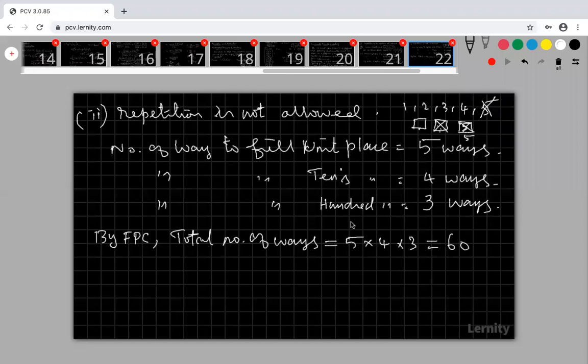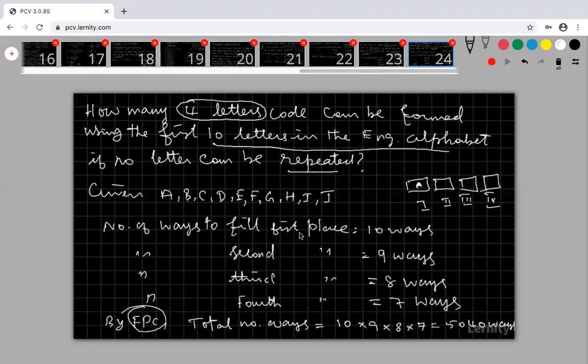Okay. Harish, you say AABB is not possible. Which question are you asking? Harish, look at that. In this question, AABB is not possible. Why? Anybody please answer this question. AABB is not possible.